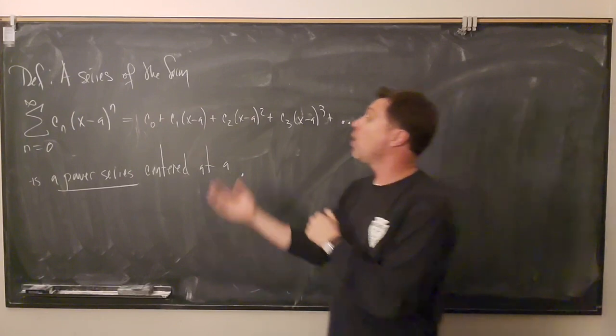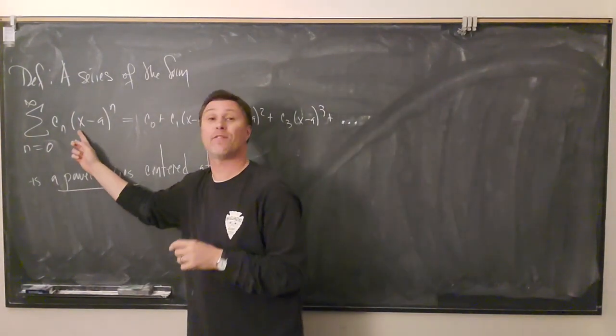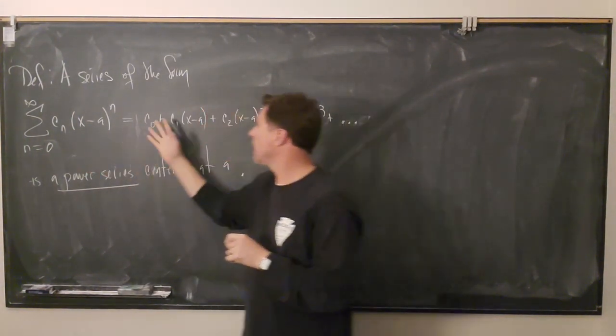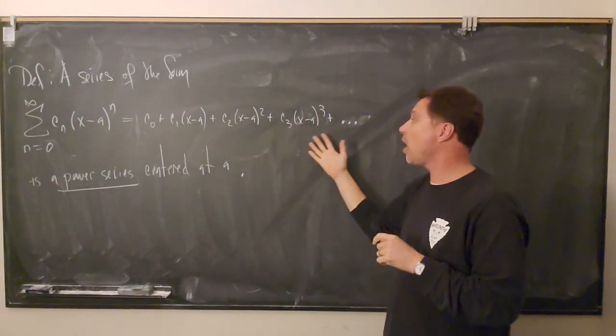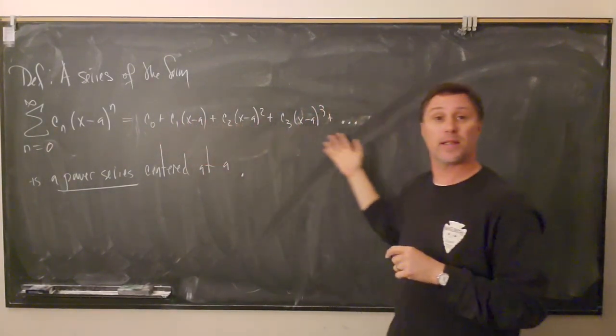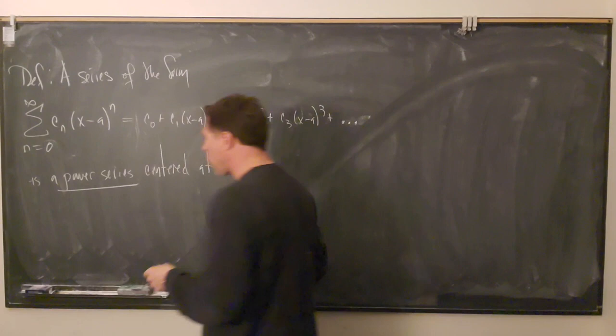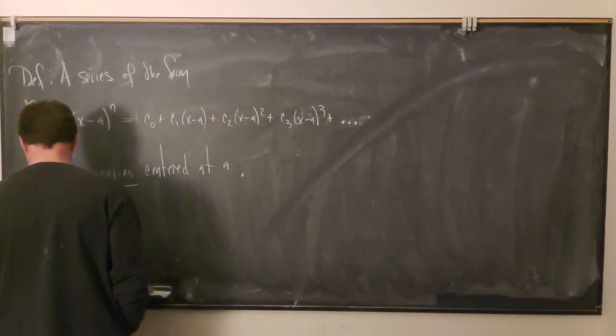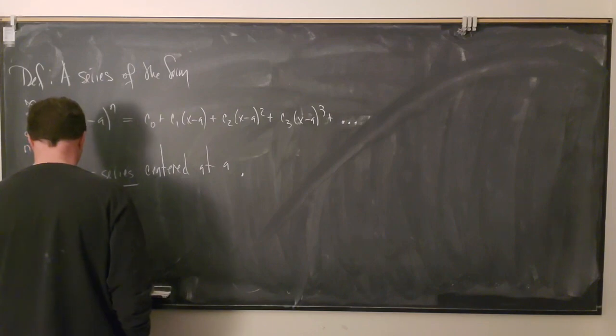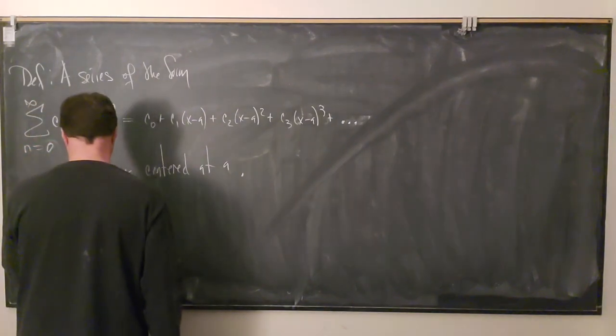So what do we have now? What we have is an infinite series, but it's got a variable in it now, a variable x. And so this should remind you of a polynomial, except it's a polynomial that doesn't stop. So I'll put this in quotes, right? You can think of a power series as an infinite polynomial.